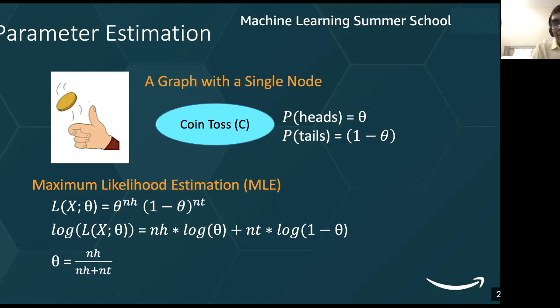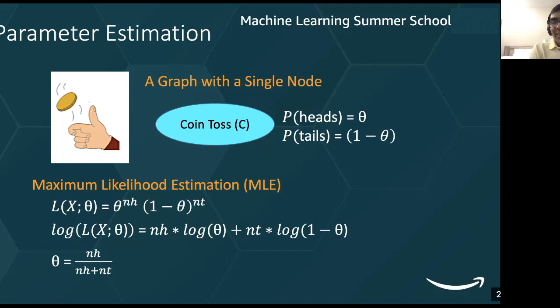So how exactly can you go about, in a principled way, estimating those parameters? Let's motivate this with a simple example of a graph with a single node and no edges. This is also a very simplistic example of a Bayesian network.